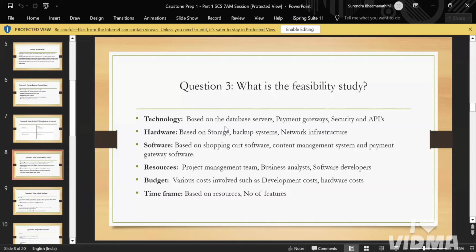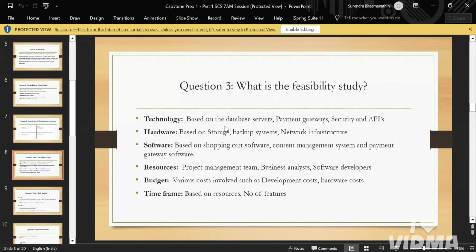First, you write in a general way what a feasibility study means, and then go for the case study, whatever the technology, hardware, all these things.